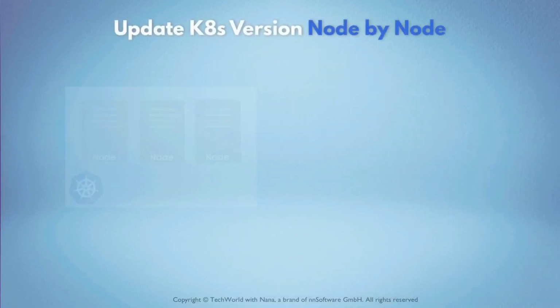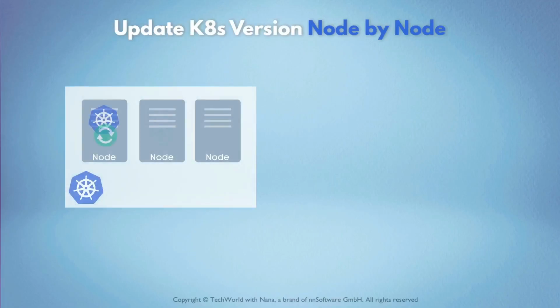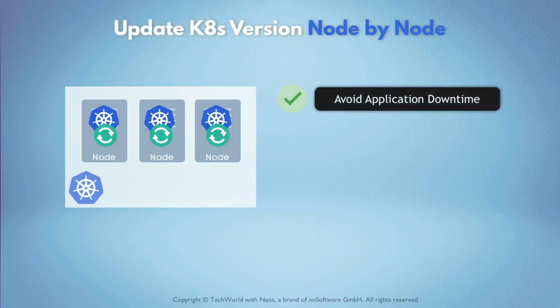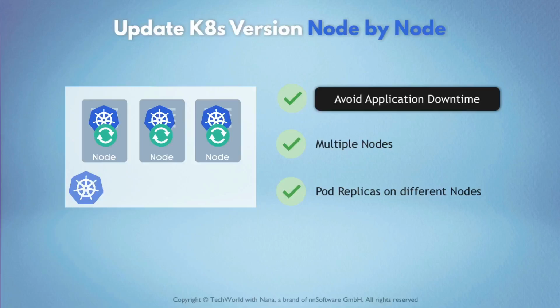And to update the Kubernetes cluster, usually you will need to do it node by node to avoid application downtime or cluster downtime. And that's another reason why it's important to have multiple nodes with multiple pod replicas so that while you're taking down your nodes and upgrading the Kubernetes version on that node, you have other nodes and other pod replicas that continue running so that your application doesn't have a downtime.